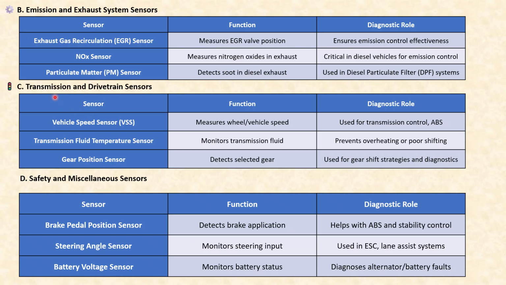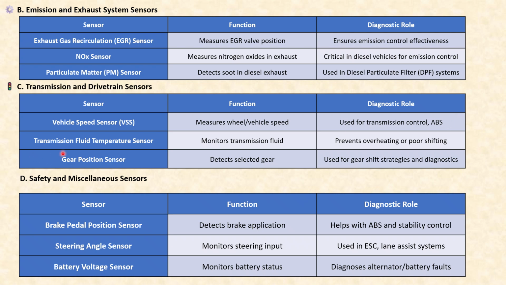Now talking about the transmission and drivetrain sensors. Transmission and drivetrain is a very important division of the automobile. What are the sensors used in this vertical? First is the vehicle speed sensor, acronymed VSS, which measures vehicle speed, used for transmission control and the anti-lock braking system.